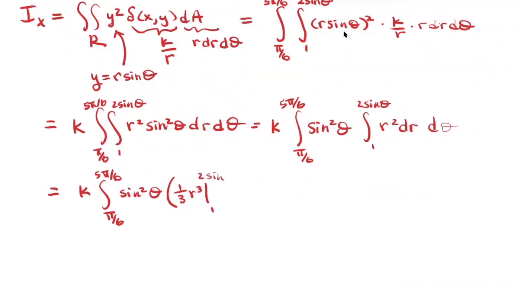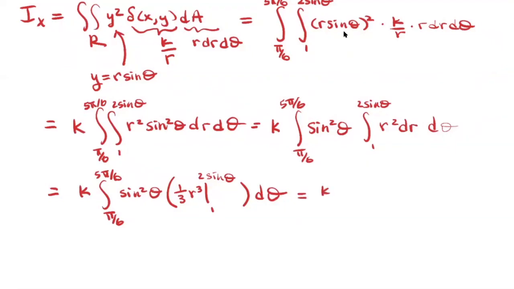Isn't that horrible? So you've got to really be on your integration game if they're going to make you evaluate these. You can see this is all going to be a function of theta shortly. Maybe write a k over 3. Let's get rid of that 1/3.